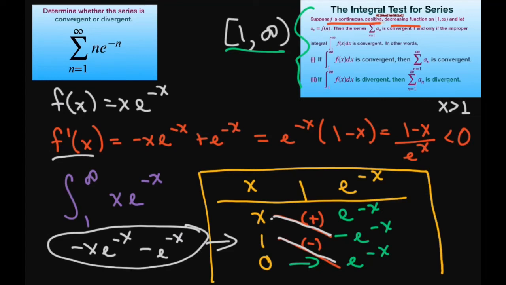Now let's go ahead and set this up the correct way, and we're using this one right here. We're going to write this as the limit as b approaches infinity, substituting our infinity with b.